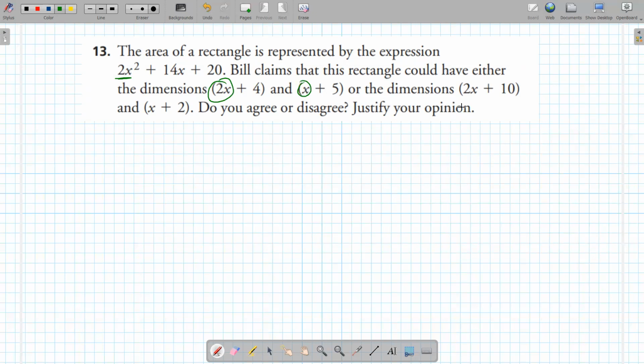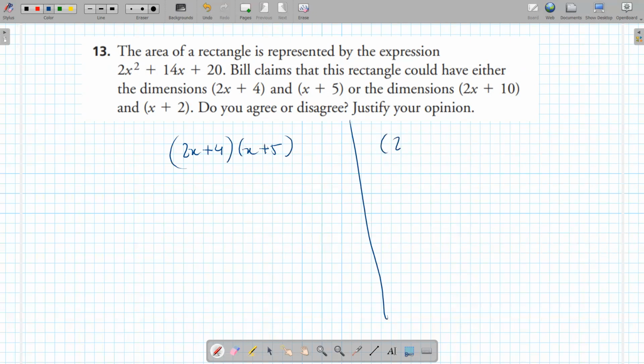So that makes sense that it's 2x squared. For the y-intercept at 20, you always multiply the constants together. So 4 times 5, 20, 10 times 2, 20. It does make sense. The only missing piece of the puzzle is the middle bit, the 14. Now for that, you have to check. By check, I mean you have to FOIL it and see if you end up with a 14.